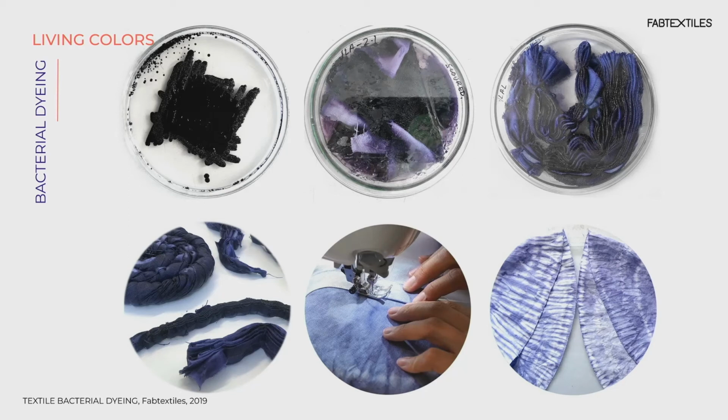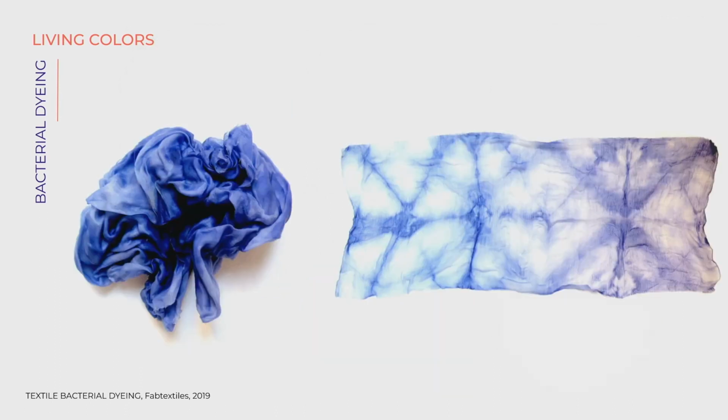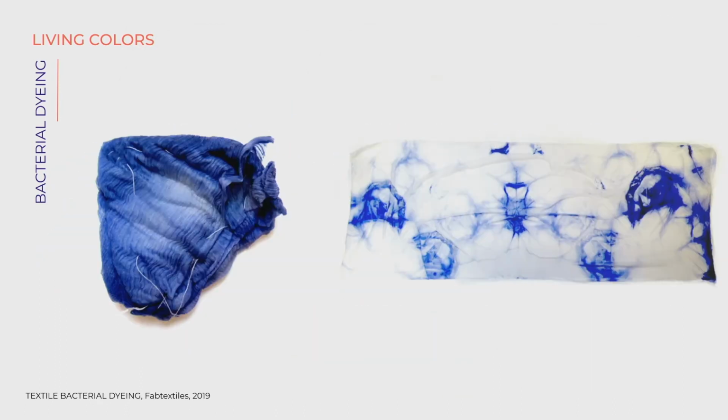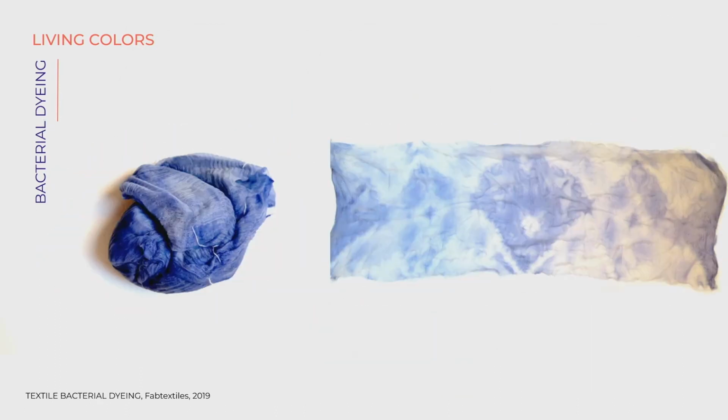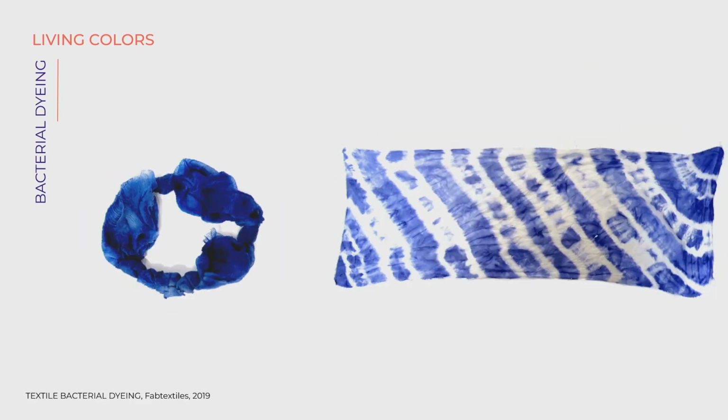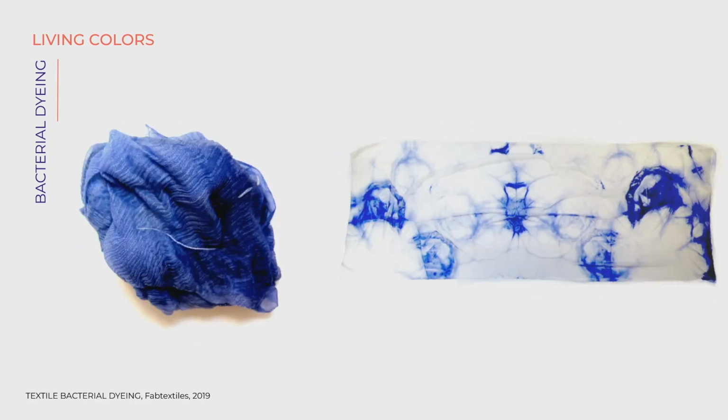In Japanese, it's called shibori. So you can combine a very traditional craft, which is the tie-dyeing technique that has been used since ages, with biotechnology, understanding how we can work with living organisms and how we can color the fabrics. Here you can see the different outcomes according to how you fold it.